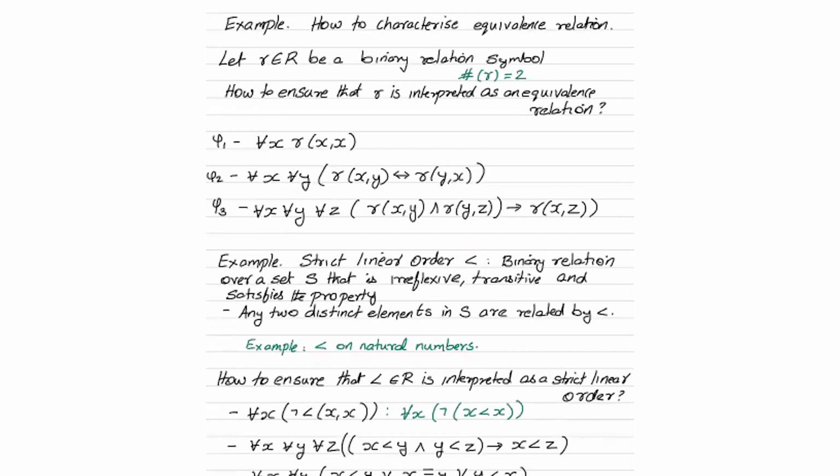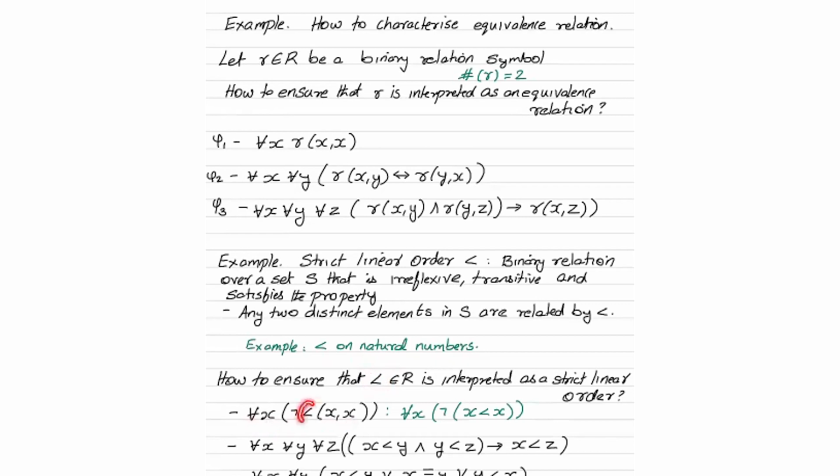Okay, so now let's say we have this symbol. It is a relation symbol. I want to ensure that it is interpreted as a strict linear order. So I want to write a bunch of first order formulas which make sure that it is interpreted as a strict linear order. How do I do that? The first thing I want to say is it's not reflexive. So for all x, it is not the case that x is less than x.